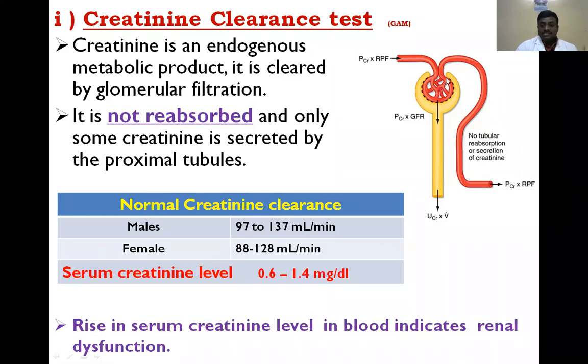When more creatinine is accumulated in the blood, that means creatinine is not being filtered into the urine. It is accumulating in the blood only. So when the creatinine level is raised in the blood, this may indicate renal dysfunction, with no proper filtration by the kidney.